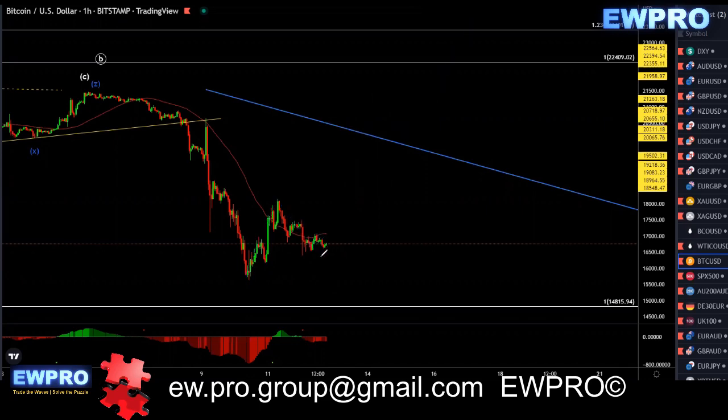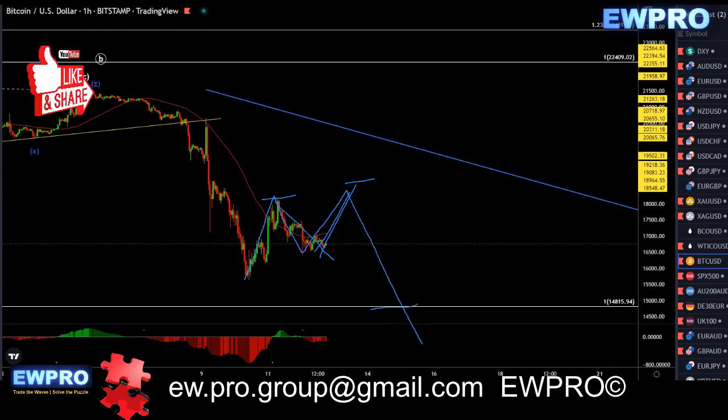But I'd definitely be looking for the 100 fib wherever this correction ends, and taking at least half off at the 100 fib wherever that is in the C wave. Because this may just be A, B, C, and we get more downside down to that 100 fib. So you will have to be a little bit careful trading this one.